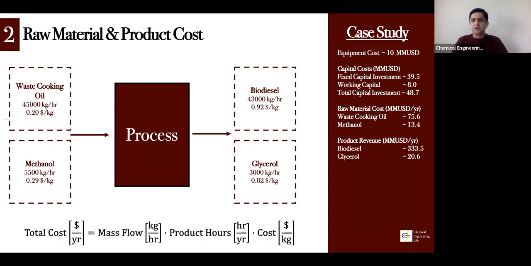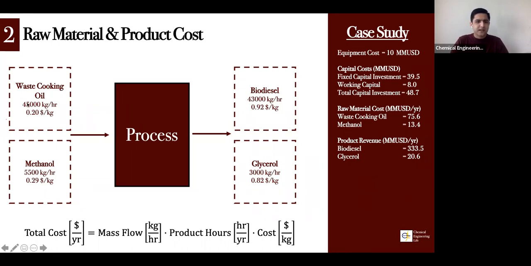For these calculations, I have selected that we're going to be running our plant for 24 hours for 350 days per year. 15 days are kept aside for maintenance or cleaning or whatnot, but we're only going to be running it for 350 days. Then you do 24 multiplied by 350, which gives you your production hours.